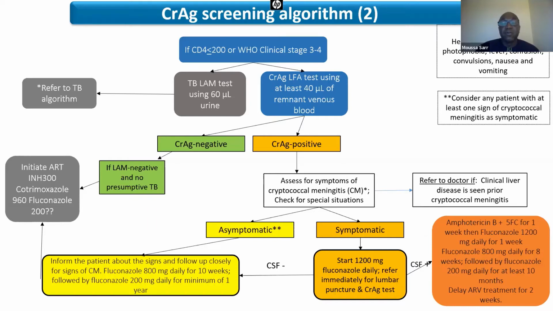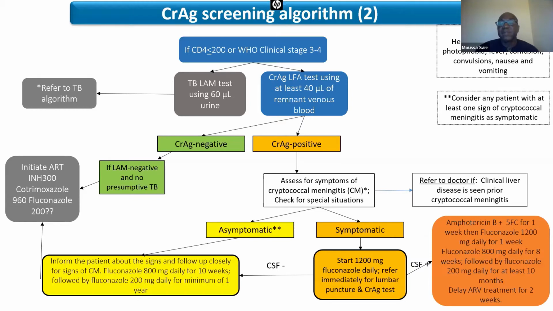For those who are crypto positive and symptomatic, we're going to start fluconazole 1,200 milligram daily and refer them for lumbar puncture. If the lumbar puncture is negative, they will receive the same treatment as those who are asymptomatic.